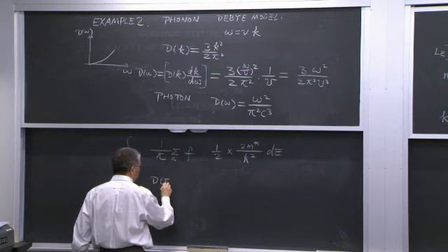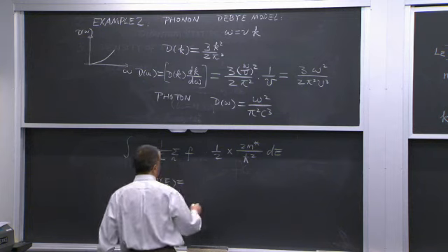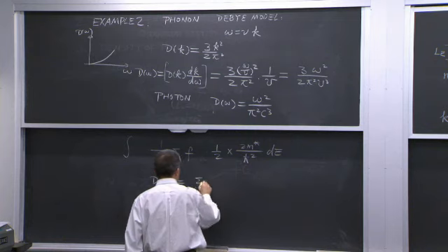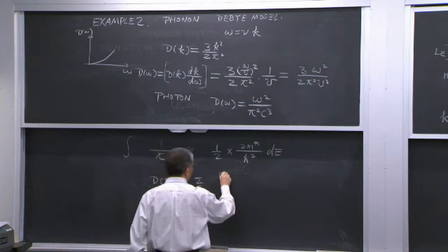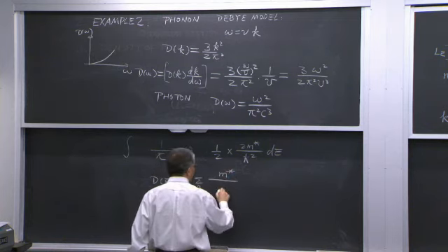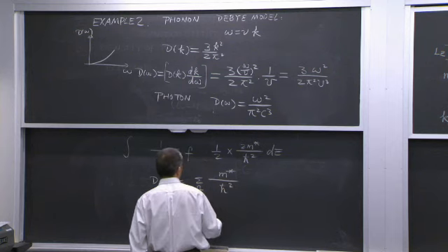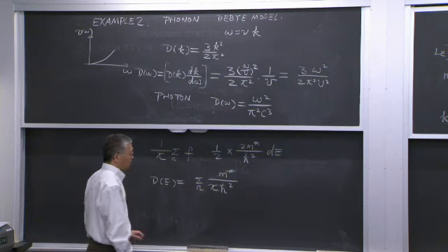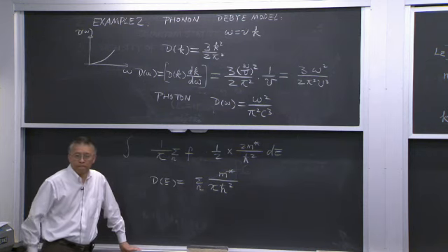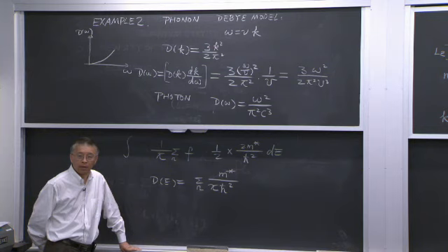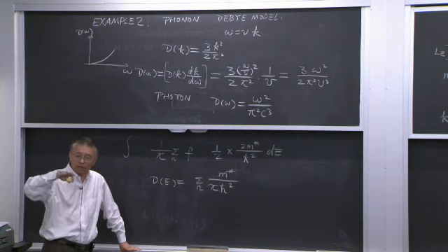My density of states is this, cancel, En, and m star, and h square, and I have another pi, and that's my density of states. Okay? It's a step function.